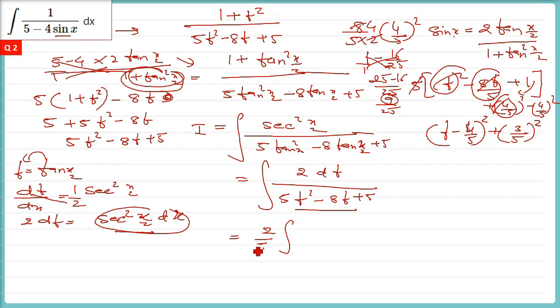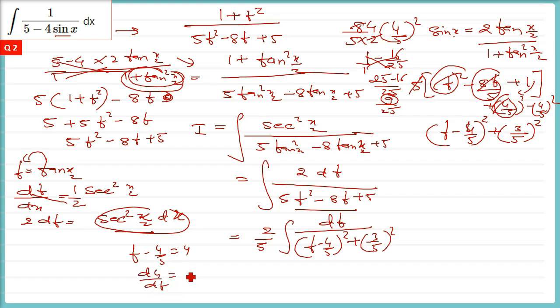So let me write it here now. 2/5, the constant we have taken outside. Now dt by (t minus 4/5)² plus (3/5)². Now this t minus 4/5 can be written as u. du by dt will be equal to 1. So du will be equal to dt.